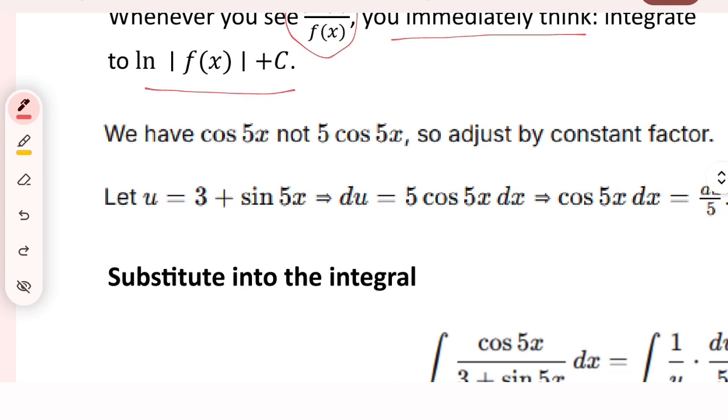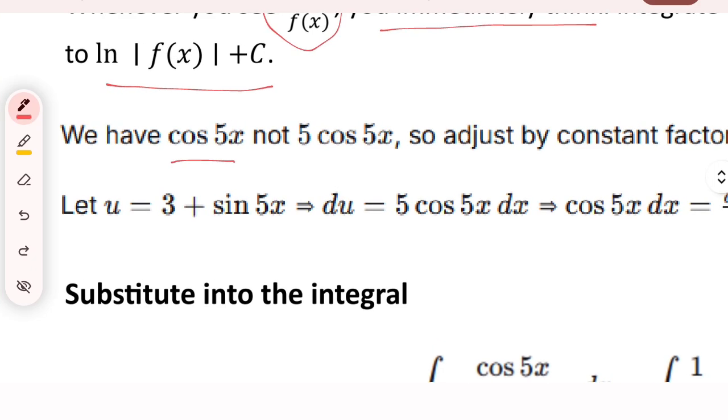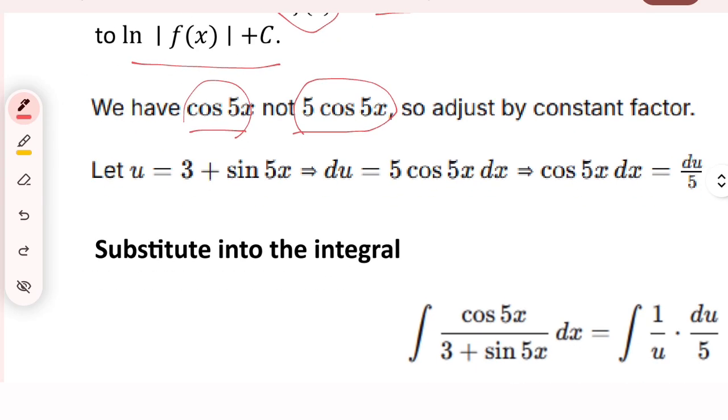In this case, we do have cosine 5x. Although when we take the derivative, what we have is 5 cosine 5x, we can always adjust the factor. So we let u be equal to the denominator, 3 plus sine 5x.